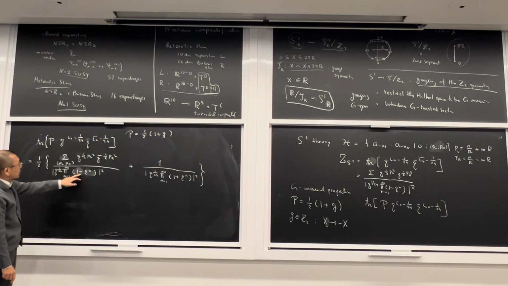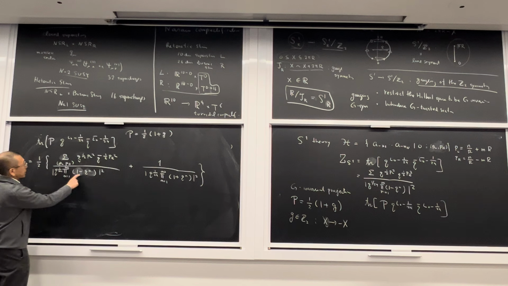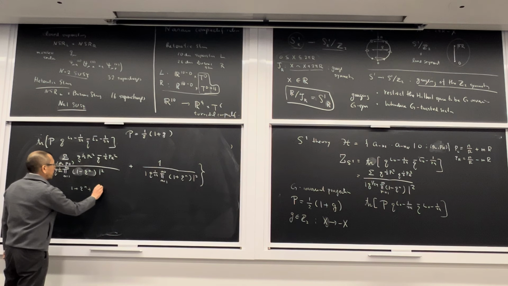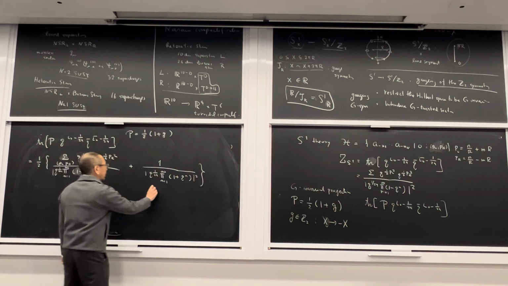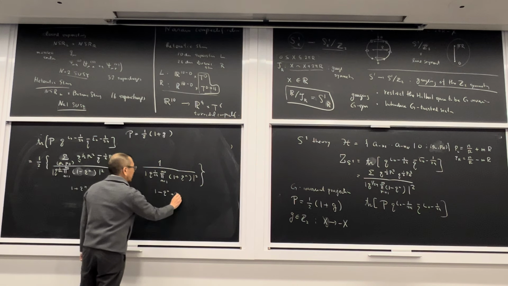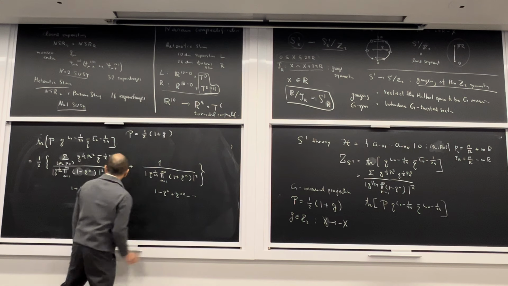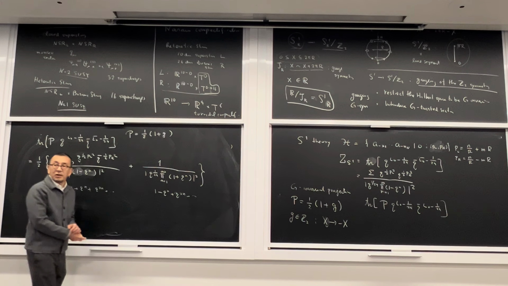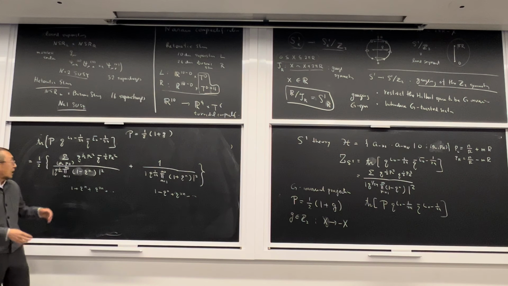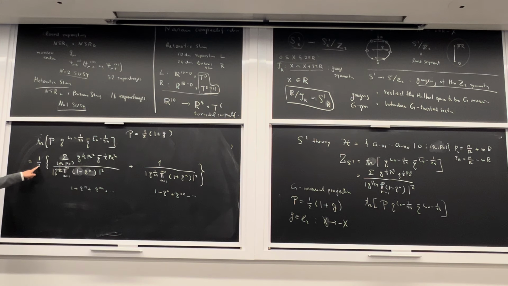Now, each oscillator here comes with 1 plus Q^n plus Q^2n, etc. And here you get 1 minus Q^n plus Q^2n, etc. So if you have an odd number of oscillators, they cancel. If you have an even number of oscillators, they add up, but then you divide by the factor 1/2, so each of them is counted by 1. So this is a correct counting.